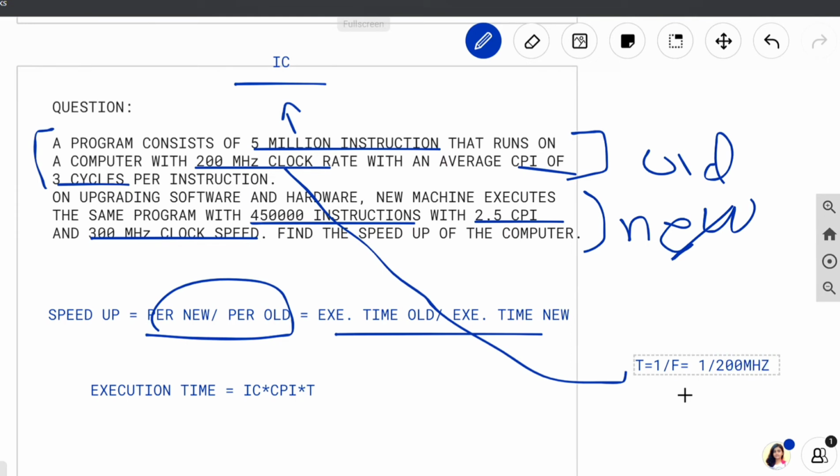Mega is 10 to the power 6, I guess you know about it. So converting mega into normal hertz to get seconds, it will be 1 divided by 200 into 10 to the power 6.